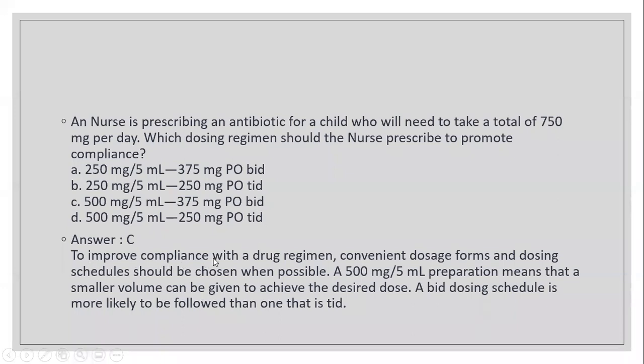To improve compliance with the drug regimen, convenient dose forms and dosing schedules should be chosen when possible. A 500 milligram per 5 ml solution preparation means that a small volume can be given to achieve the desired dose, right?